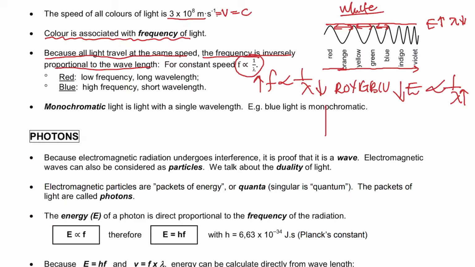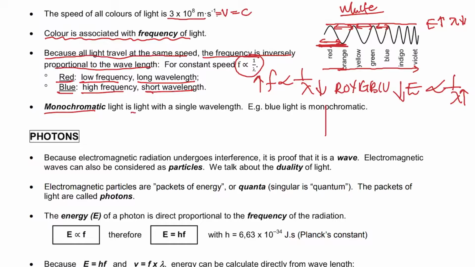Red, with a lower frequency, will have a longer wavelength. You can see its wavelength is longer. Blue, which has a higher energy than red, will have a higher frequency but a shorter wavelength. So the frequency and the wavelength are inversely proportional.